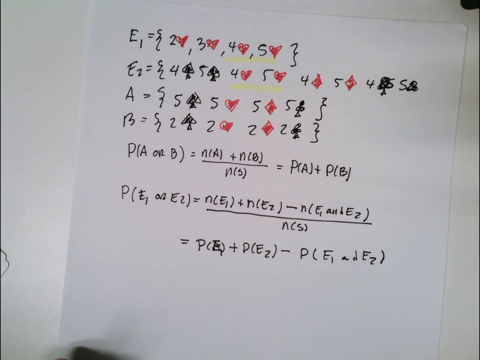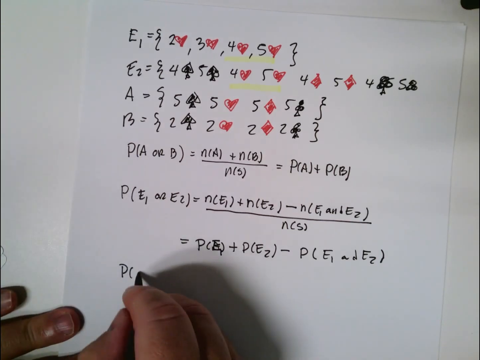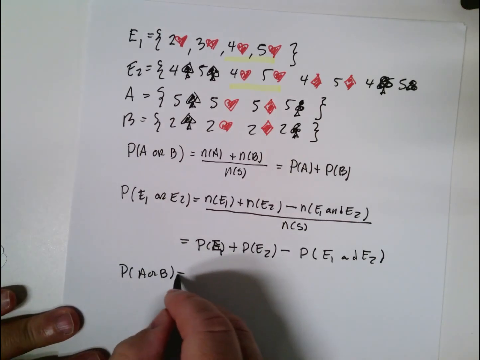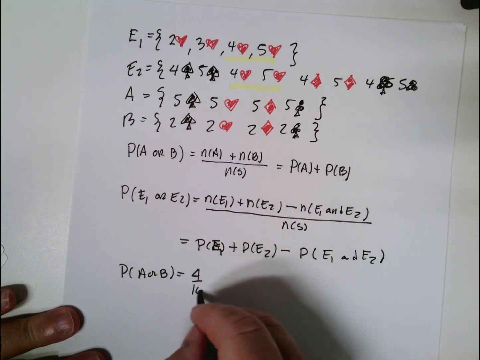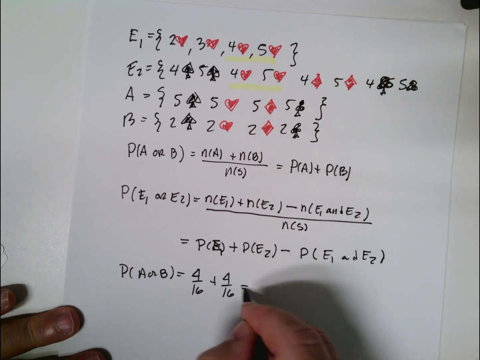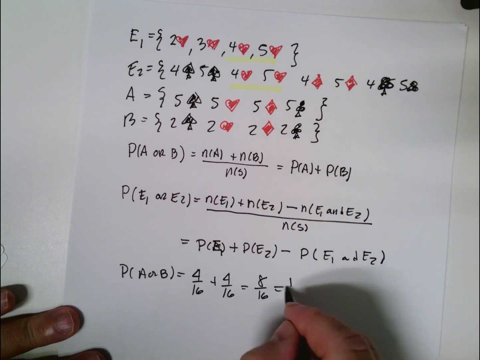Alright, so if we just throw some numbers in this, the probability of A or B would be 4 out of 16 plus 4 out of 16 is 8 out of 16, which is 1/2.